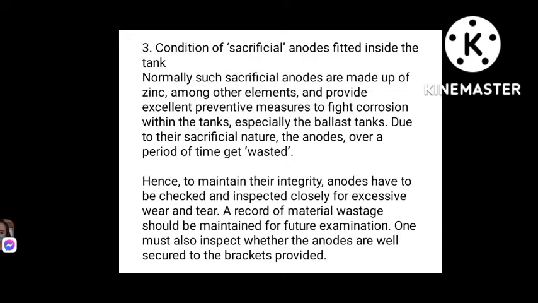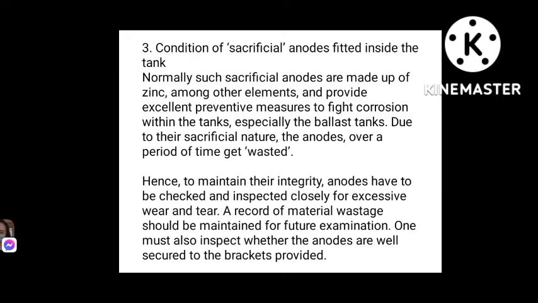So the third is the condition of the sacrificial anodes fitted inside the tank. Normally such sacrificial anodes are made up of zinc among other elements and provide excellent preventive measures to fight corrosion within the tanks, especially the ballast tanks. Due to their sacrificial nature, the anodes over a period of time get wasted.